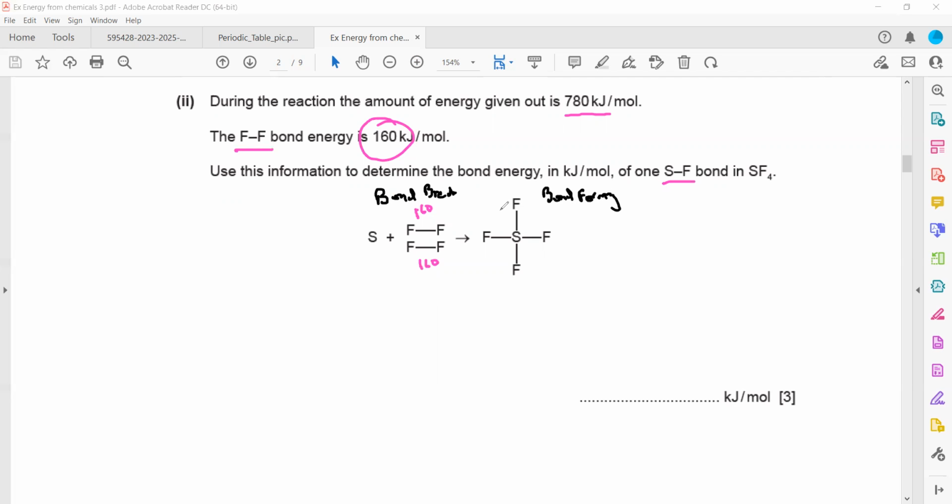Now remember the formula: the bond breaking energy minus the bond forming energy equals the energy change. Or enthalpy change equals bond breaking minus bond forming.